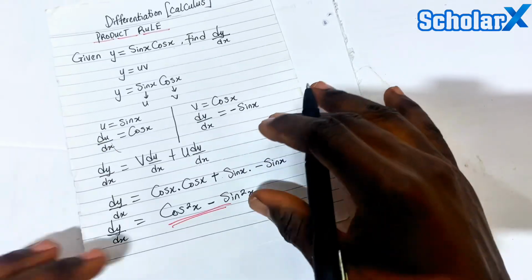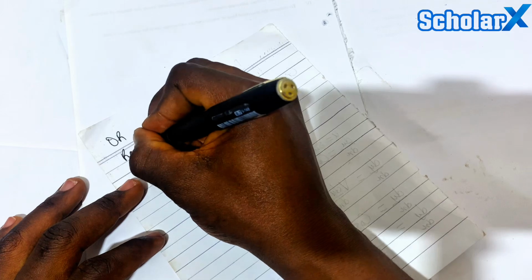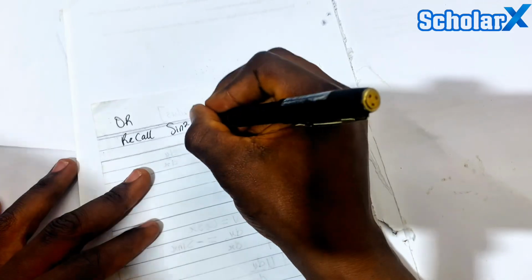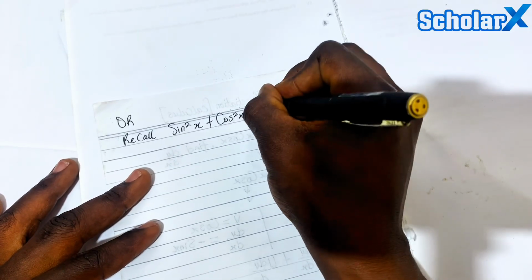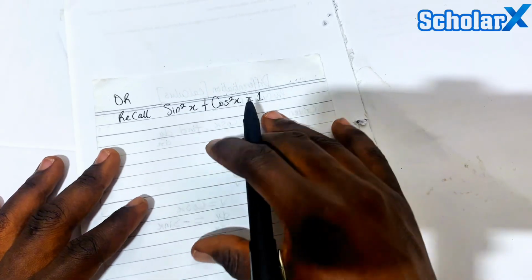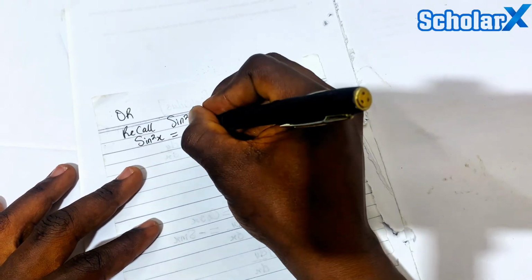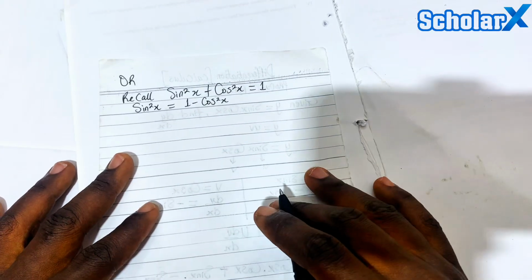So from here we can say, recall that sin squared x plus cos squared x is equal to 1. So it means that sin squared x is going to be equal to 1 minus cos squared x.